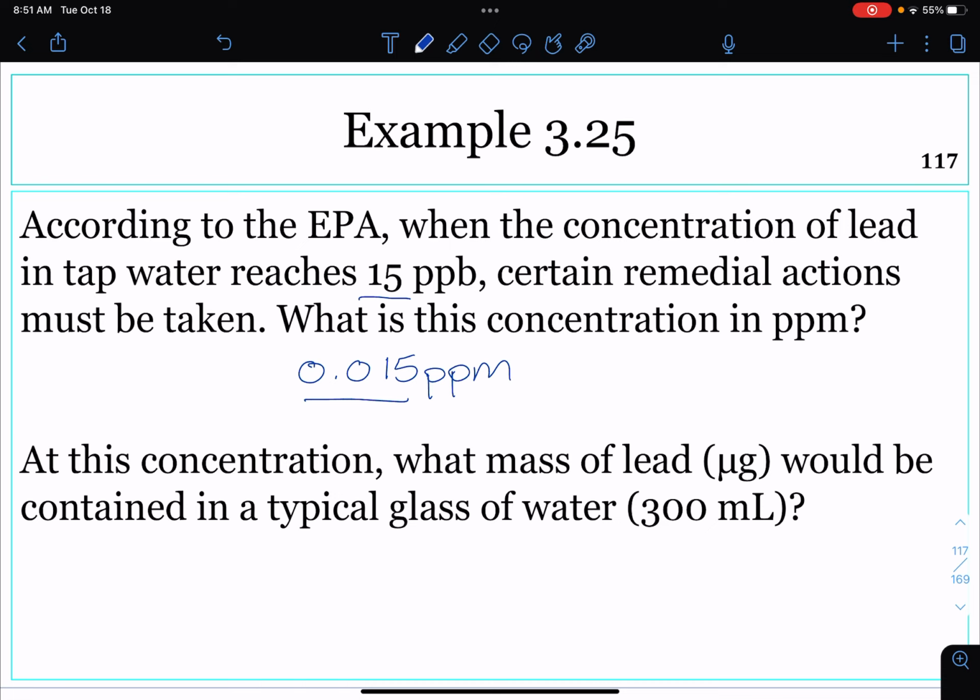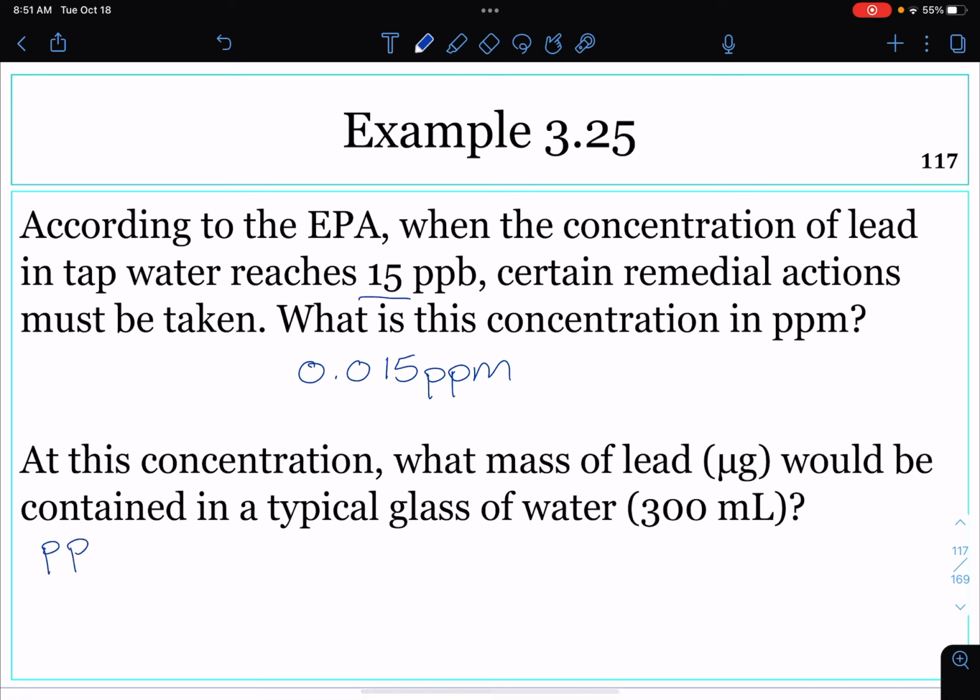So for the second part of the question, at this concentration, the 15 parts per billion, what mass of lead in micrograms would be contained in a typical glass of tap water at 300 milliliters? Here is the equation we need to use.